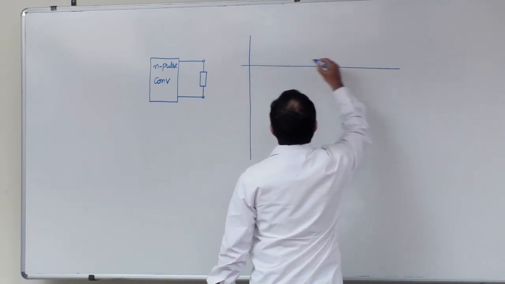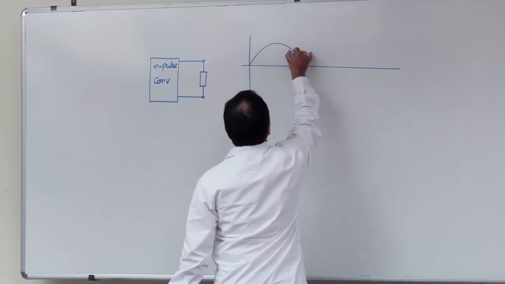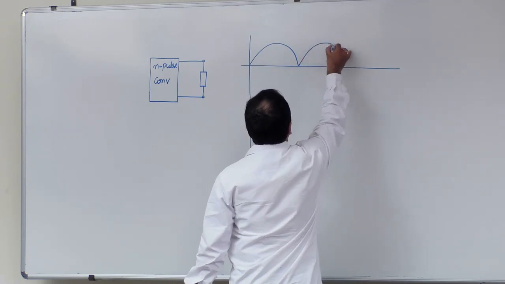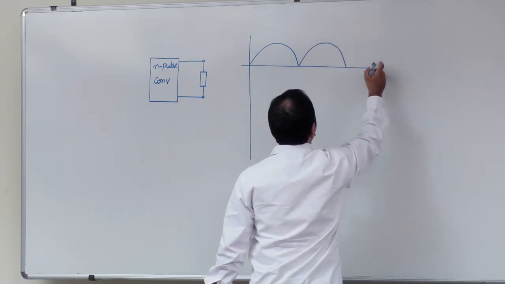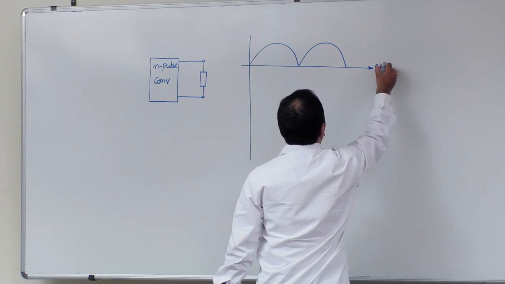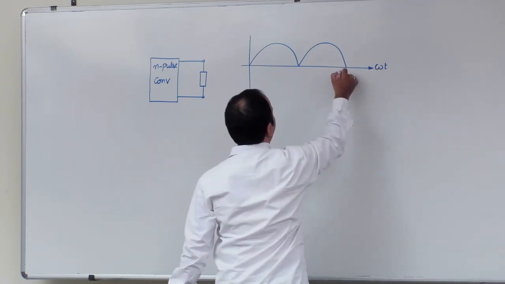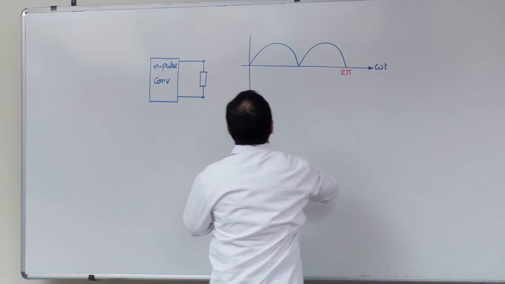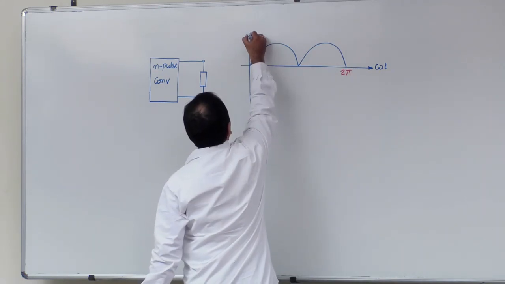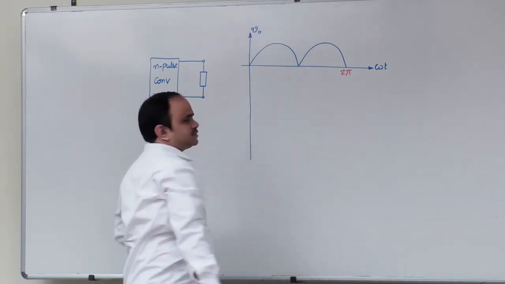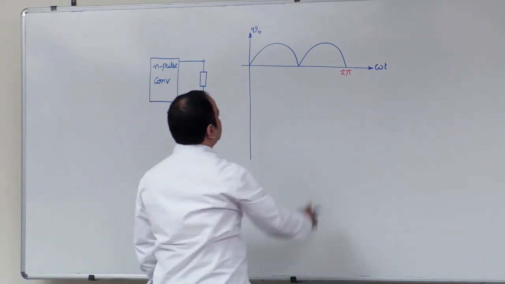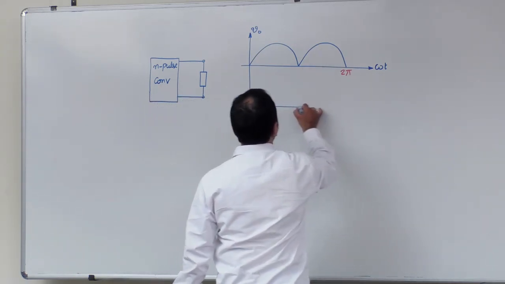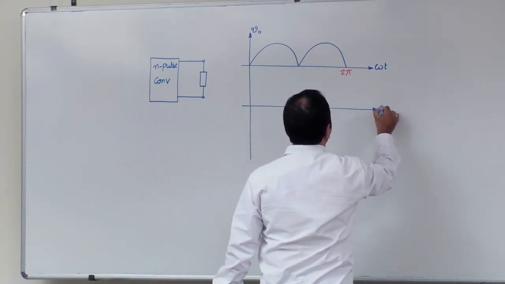See what we discussed in our previous topic. Output voltage has two pulses from 0 to 2 pi, okay. Single phase, the maximum number of pulses we got is 2 pulses. So this is a 2 pulse converter output voltage waveform.